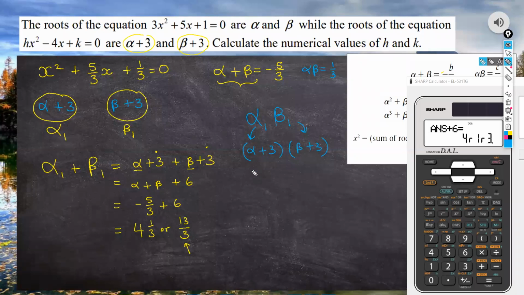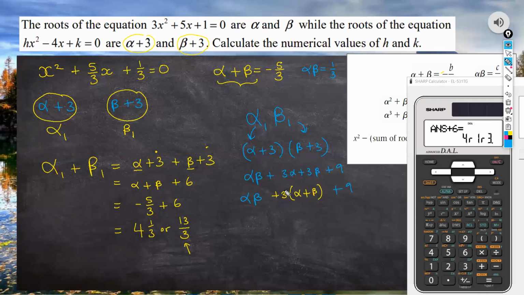Alpha times beta is alpha beta. You'll get 3 alpha plus 3 beta plus 9. Now, if you look in the middle here, you realize you can factorize out the 3, and we need to, because we'll get alpha plus beta, and then add 9.